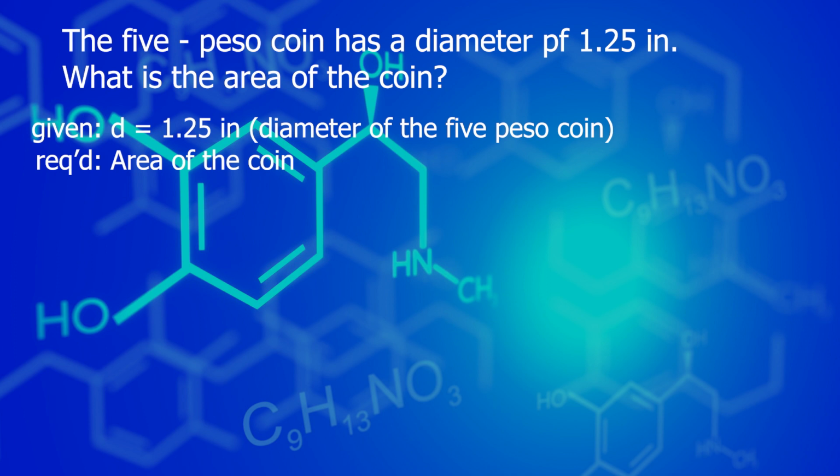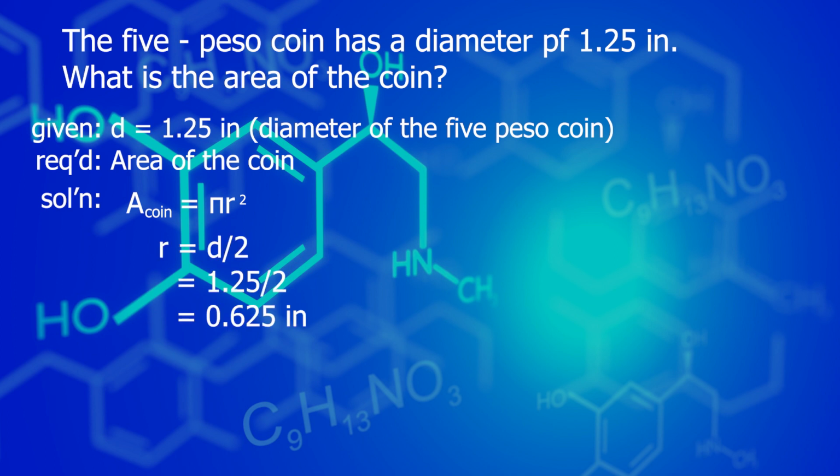Now, using the formula in finding the area of a circle, where area of the circle equals pi r squared. Since we are given here that the diameter is 1.25 inches, we have to divide this diameter by 2 to get the radius, since we know that the radius is half the diameter.